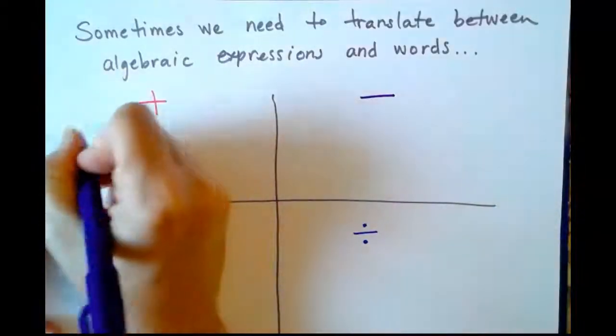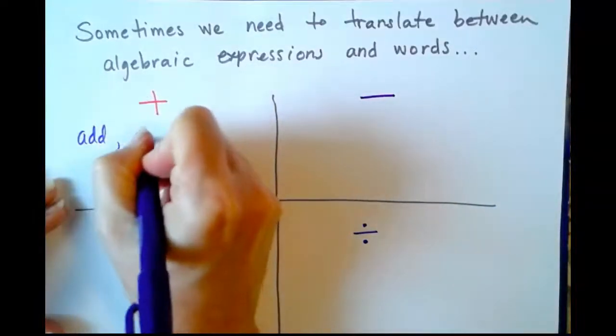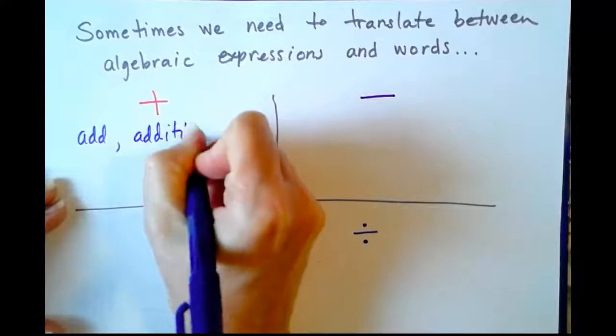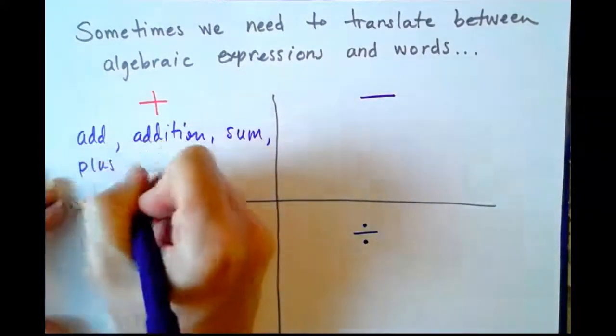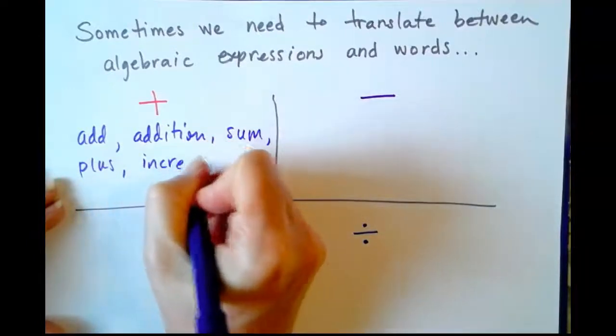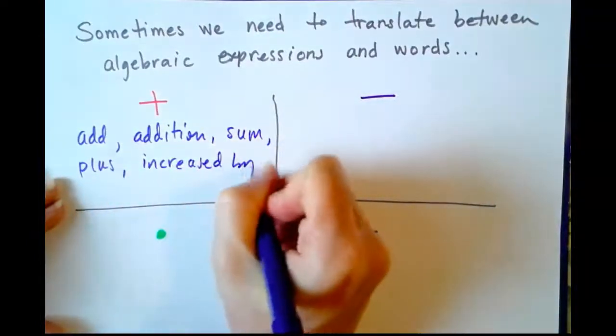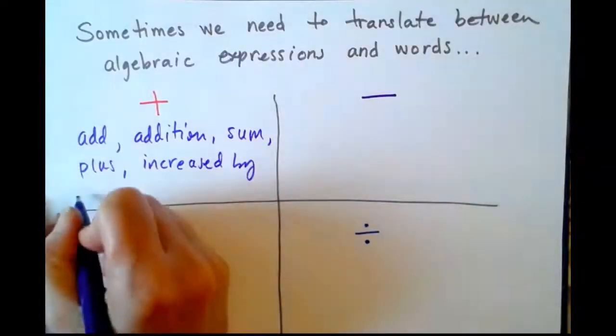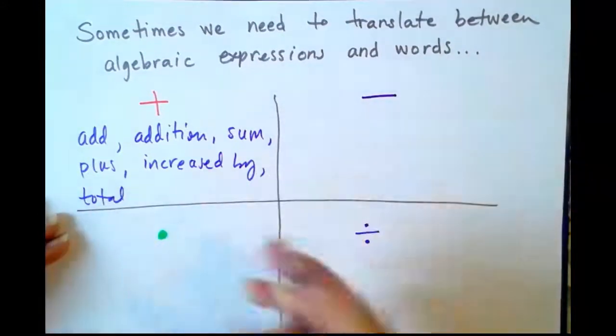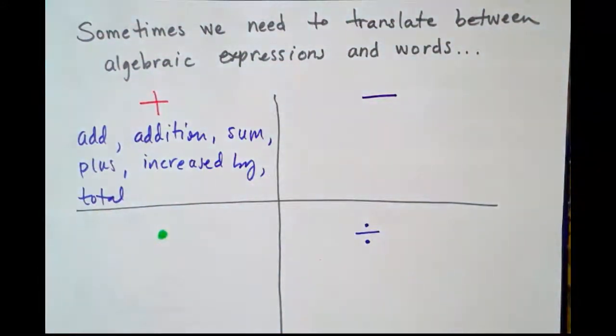So obviously, add, or addition, or sum, or plus, or increased by. Those are all words or phrases that indicate addition. Oh, just thought of another good one. The total. Okay, those are all words that indicate addition.